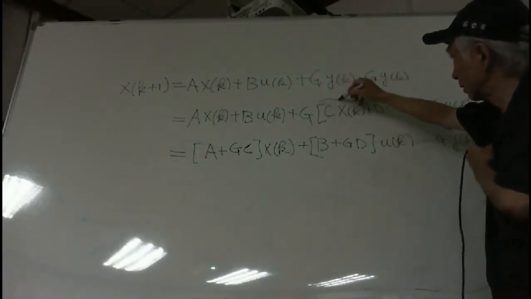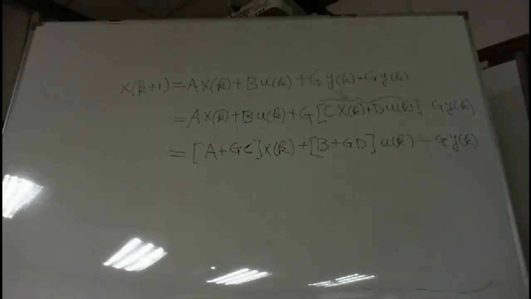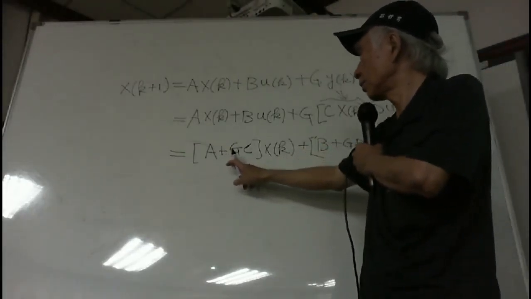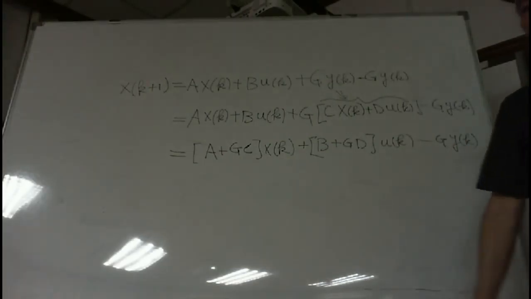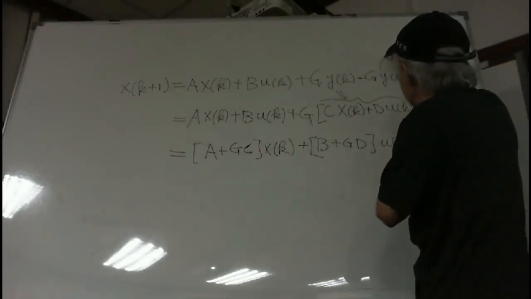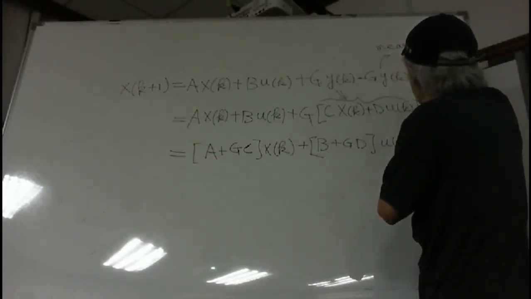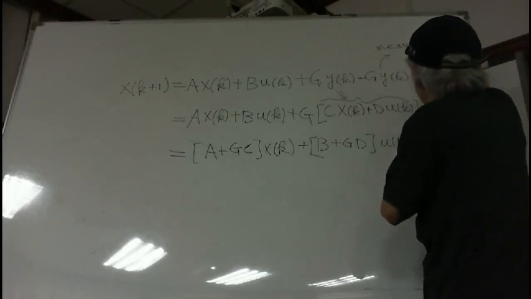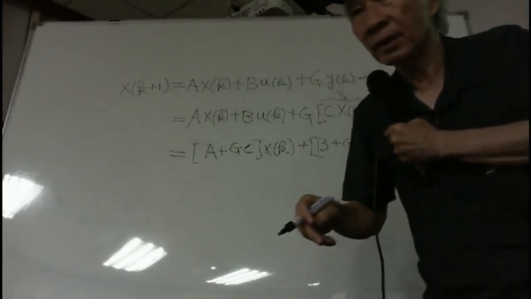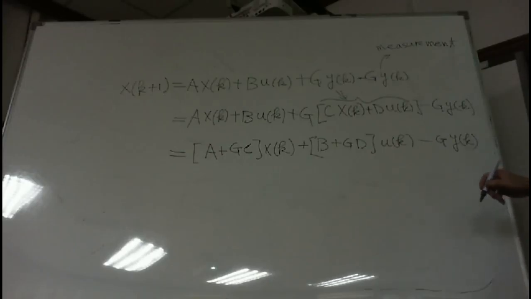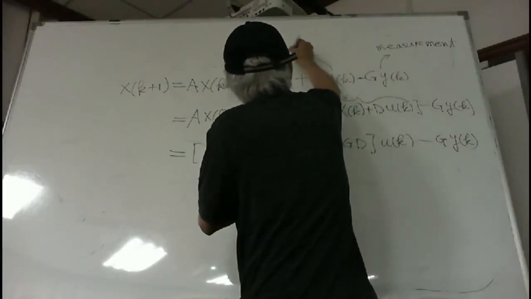So this one here, I substitute into there. Then that provides me A plus GC times xk plus B plus GD times uk. Now, this one here, later on, will be the measurement, and this one will be from the estimate.